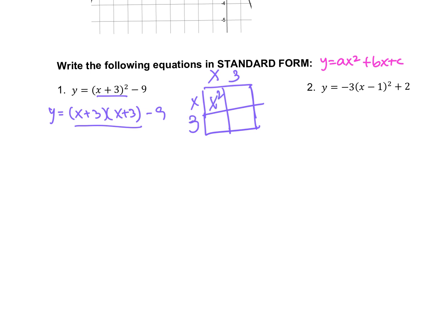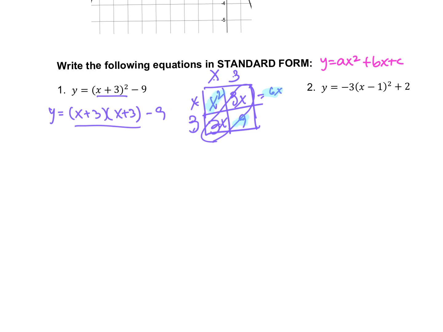x times x is x squared, x times 3 is 3x, 3x, and then 3 times 3 is 9. So I look at these two, and I get 6x.